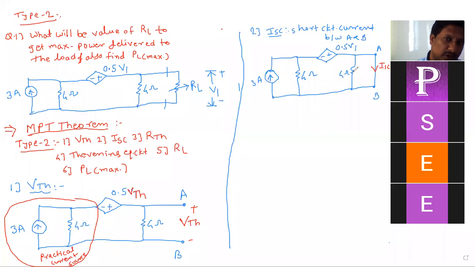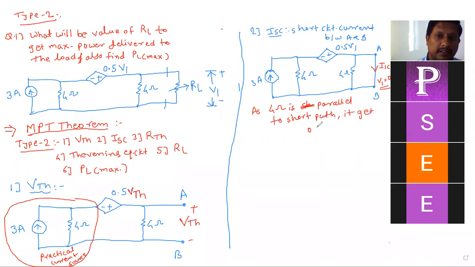The 4 ohm is exactly parallel to the short circuit, so this 4 ohm gets open. If this is shorted, what will V1 voltage be here? 0 volt. If this is 0, then this also becomes 0. As the 4 ohm is parallel to the short path, it gets open circuit.